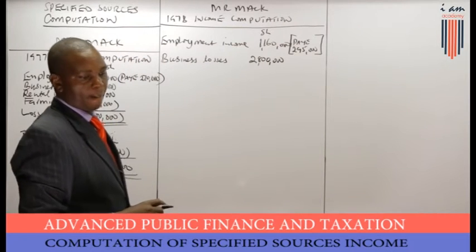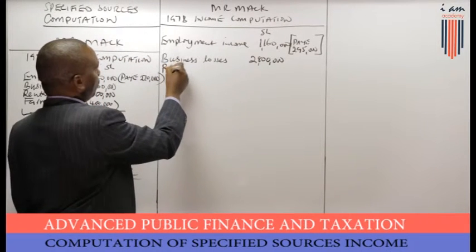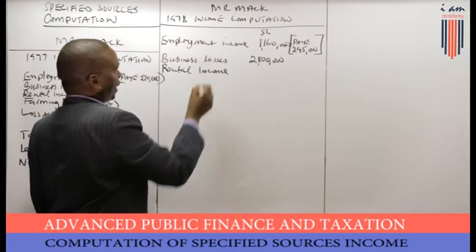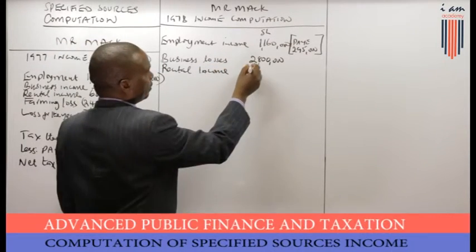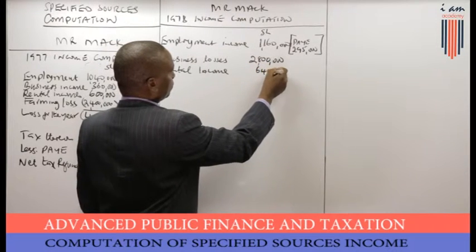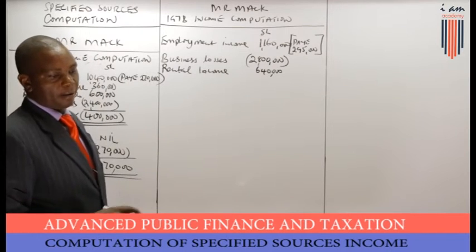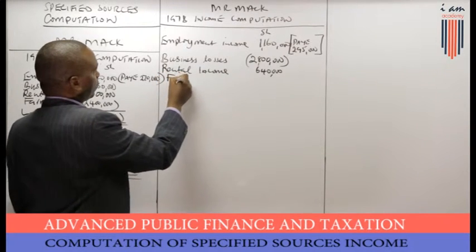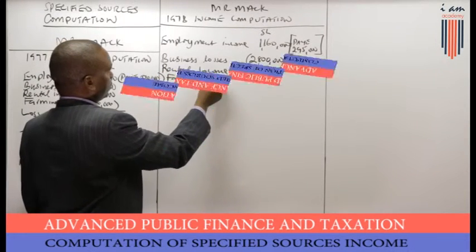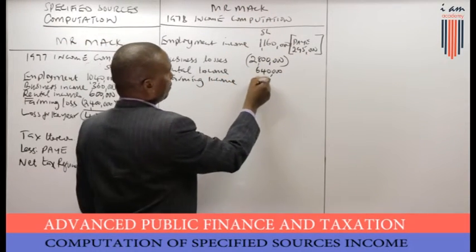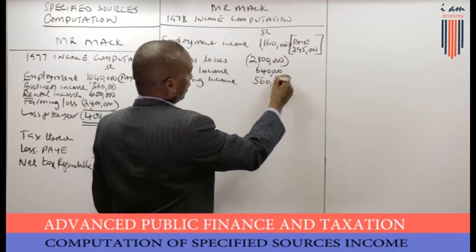And then he has some rental income of 640,000. Remember, loss is in brackets. And then farming income. From this farm, he has some income of 560,000.